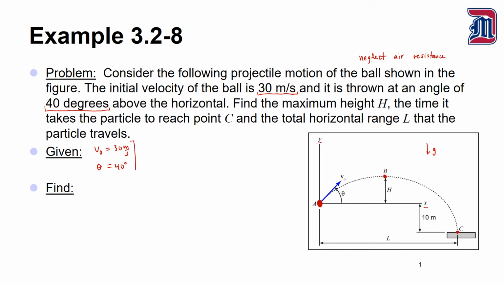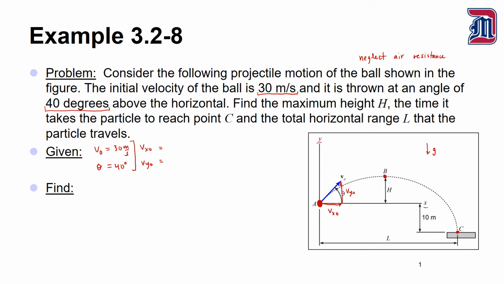We can also express a vector in terms of its x component and its y component, because we're using an xy coordinate system in this example. And that is helpful to do in projectile motion problems in general, because we often will take the approach of doing the analysis for the x direction and the y direction separately.